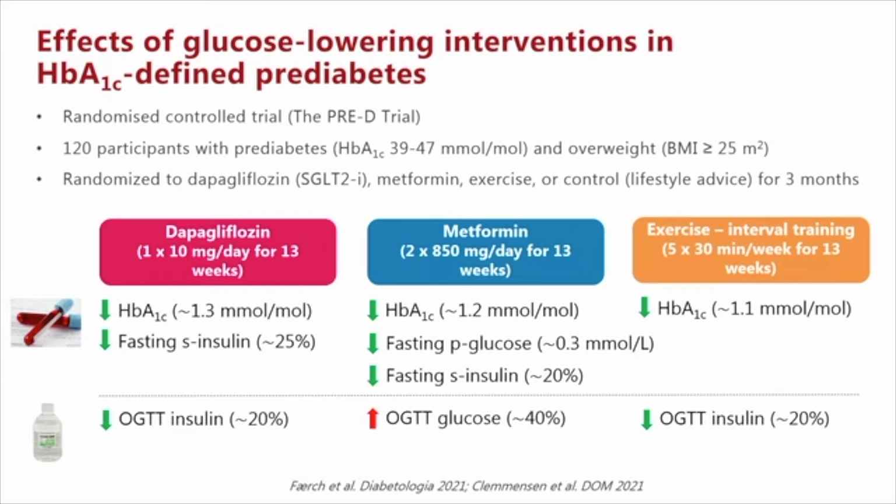So what we found was small reductions in glycemia, in HbA1c, fasting glucose, and insulin. And also during the OGTT, we observed reductions in insulin. We actually observed an increase in glucose with the metformin treatment, which was quite surprising. But for glucagon, there were no significant differences in any of the intervention groups.